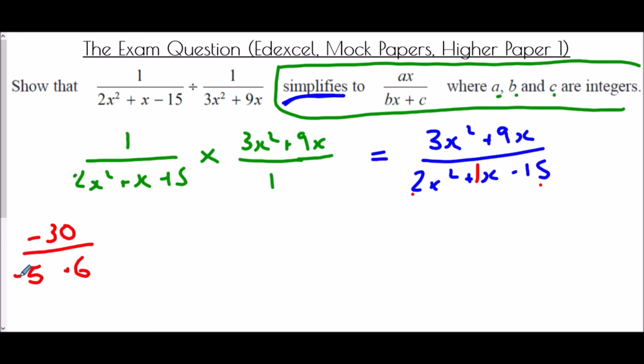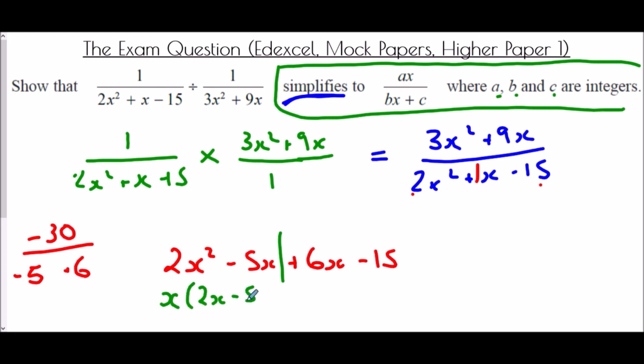And so the bottom of my fraction here is going to be 2x squared take away 5x plus 6x take away 15. We'll split that in half. What is the common factor between 2x squared and negative 5x? Well, the common factor is x, so it's x brackets 2x take away 5, and in this case it will also be 2x take away 5.